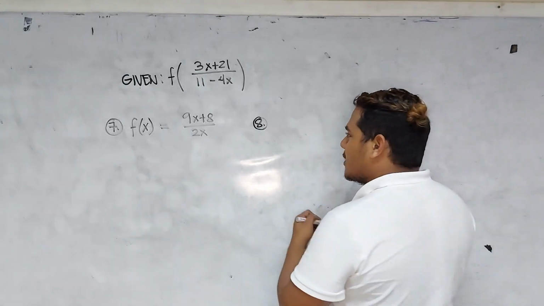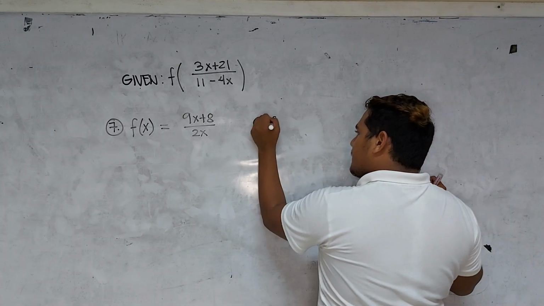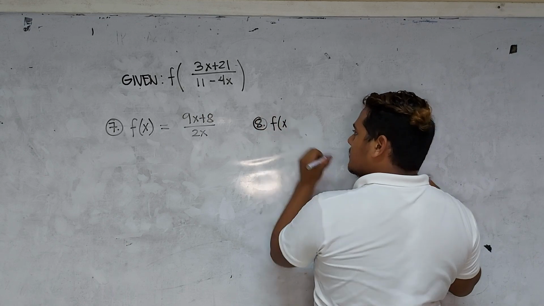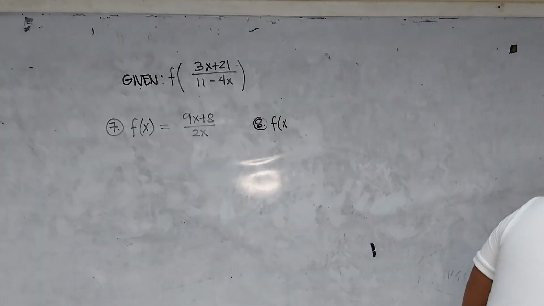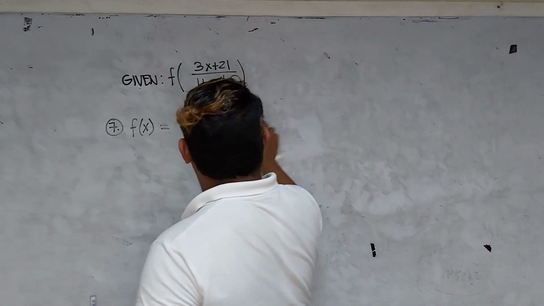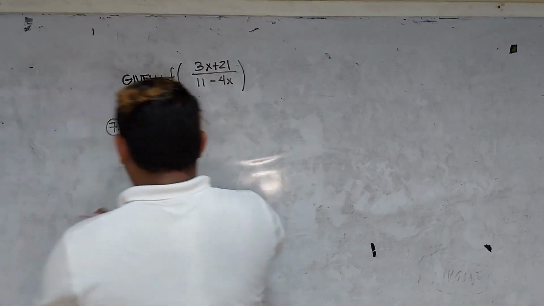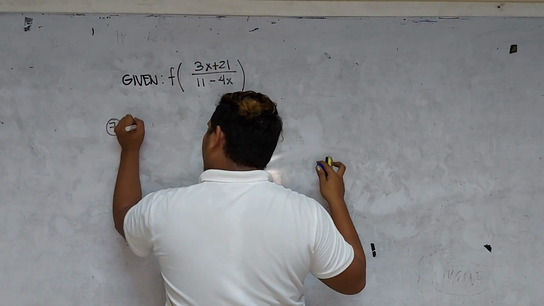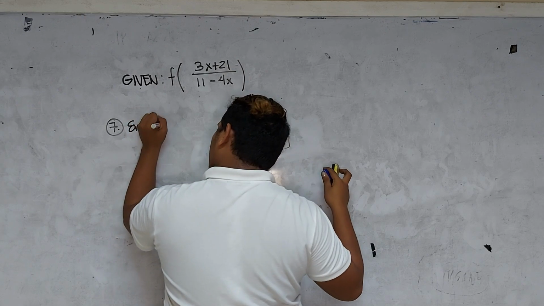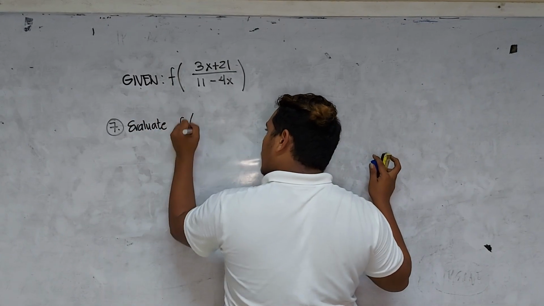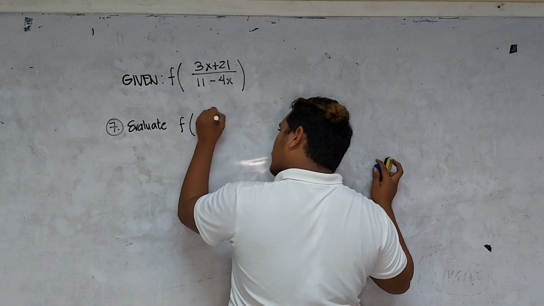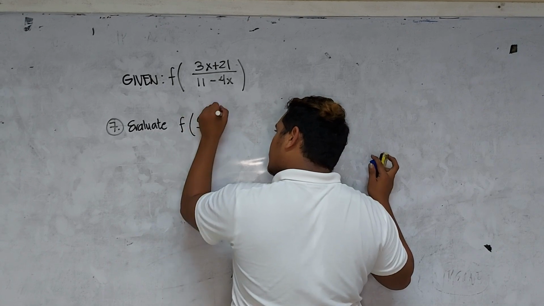Let's continue. For number 8, f of x. Sorry, I am wrong. 9x plus 8 over x. Evaluate f of 9x plus 8 over 2x.